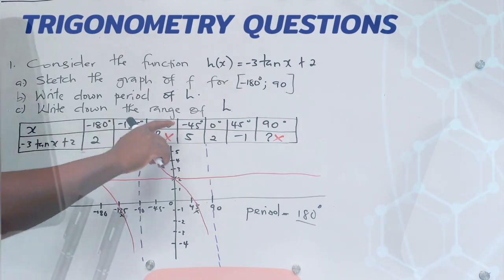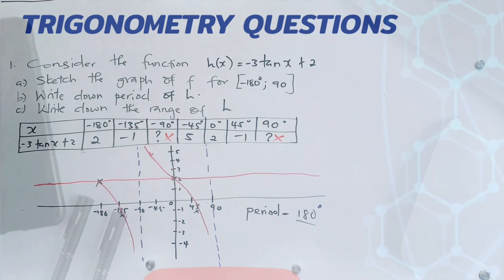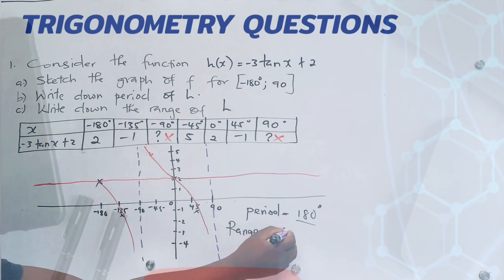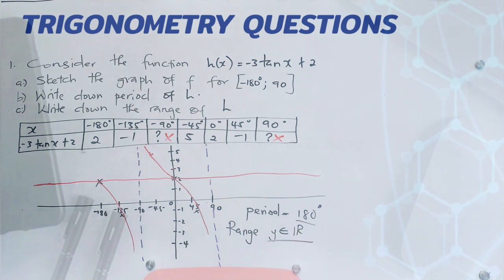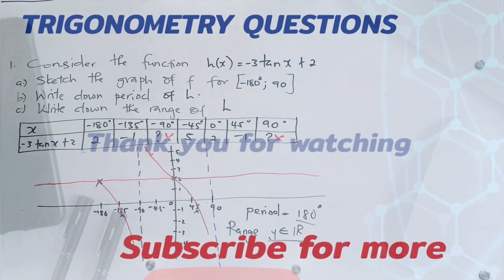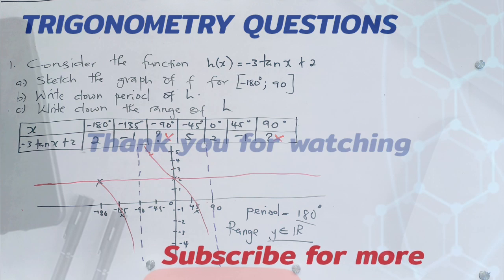Then write down the range of h. Our y values keep on extending, going down and up. So our range will be y is an element of real numbers, or you can say from negative infinity to positive infinity.